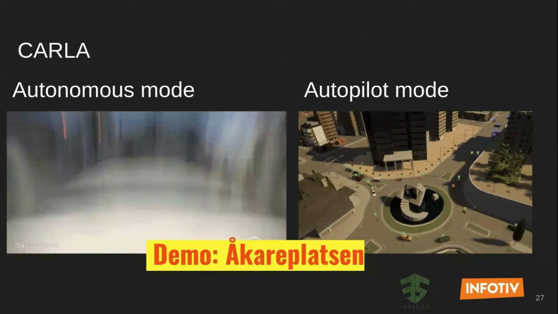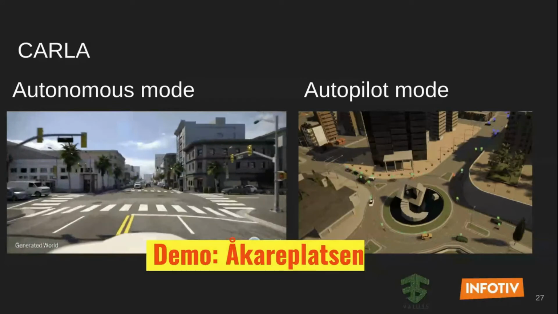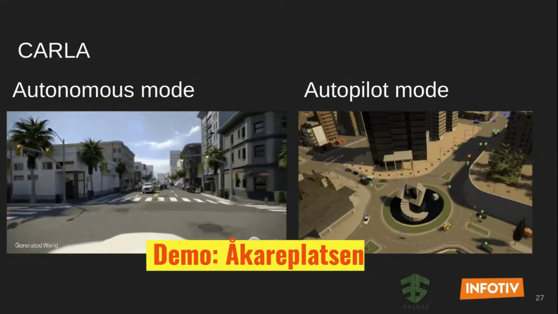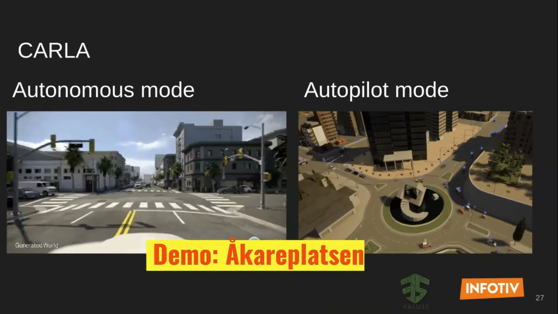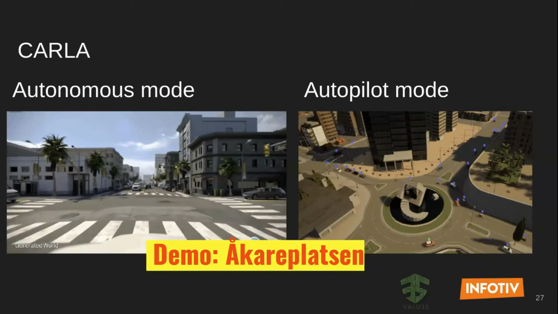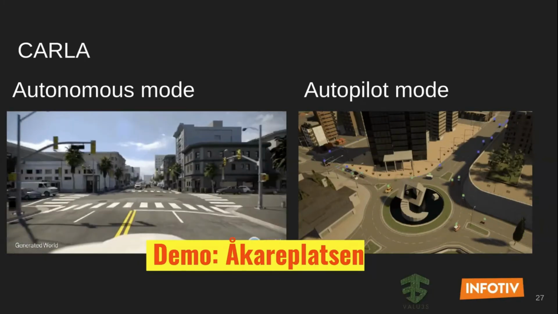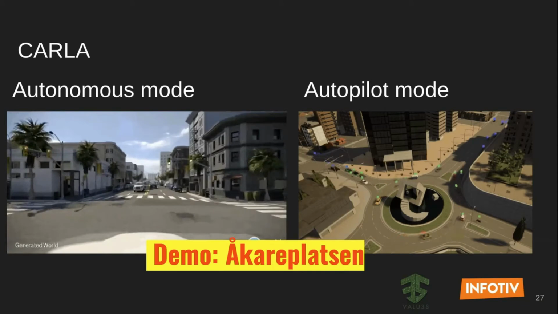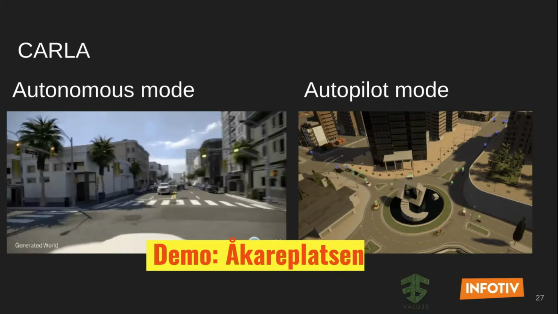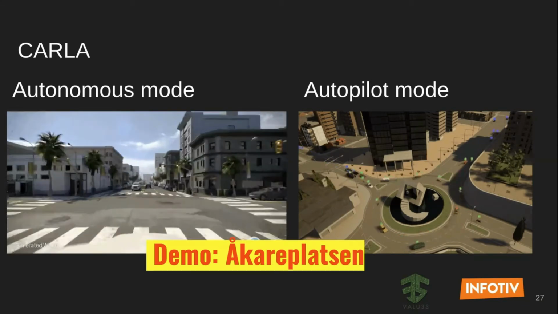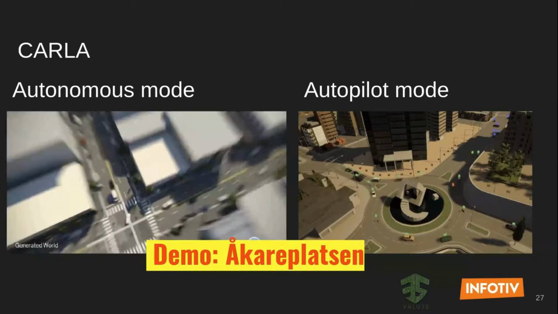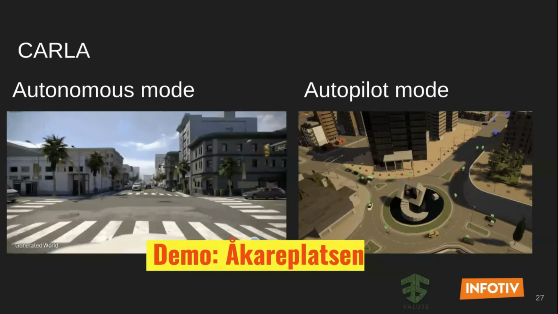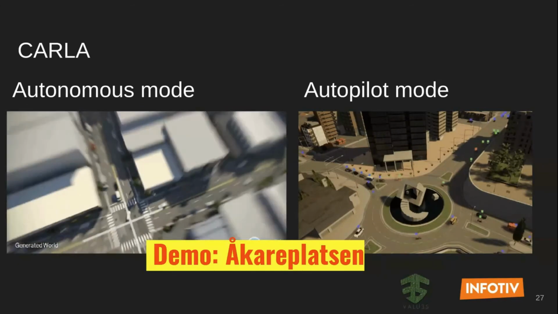Before I go into the demo, let me emphasize that in this demo, actors are either controlled manually or run by autopilot, which means they are acting autonomously. Basically, what I'm trying to say is that there is no ML algorithm behind the scenes.